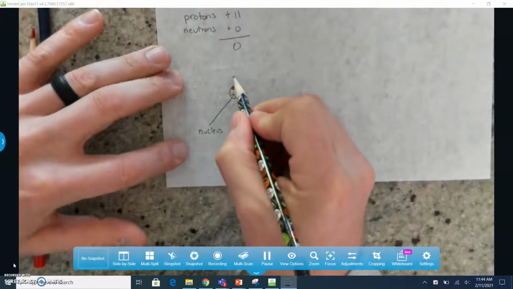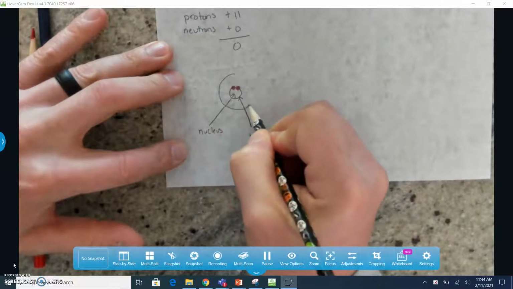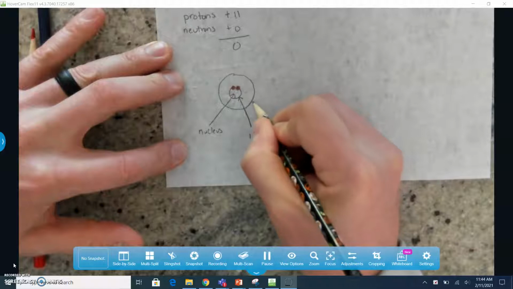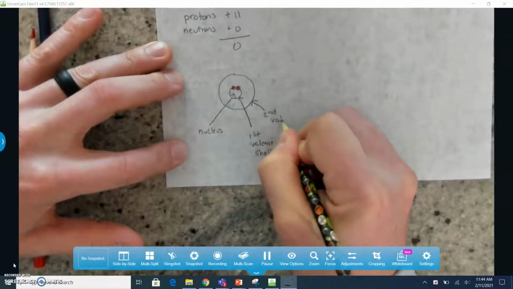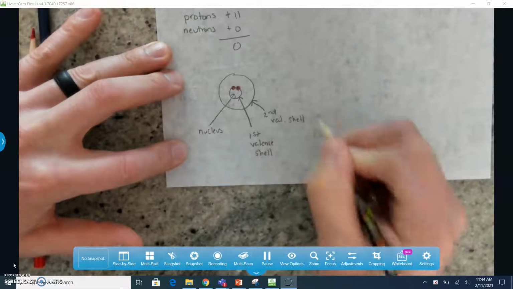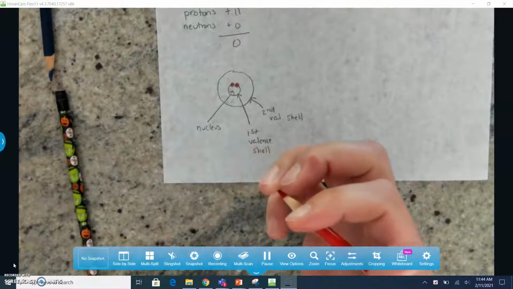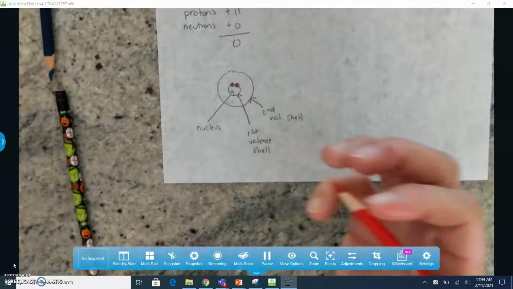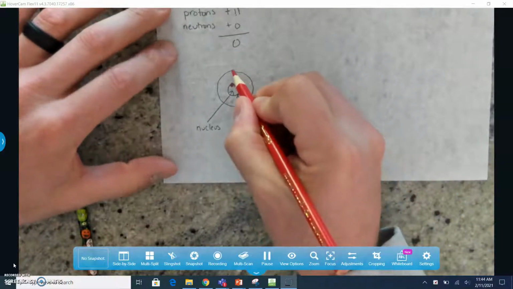So I need another valence shell. So here's my second one. And again, this one can hold 6 electrons before it gets filled up. I'm sorry, not 6, it can hold 8.